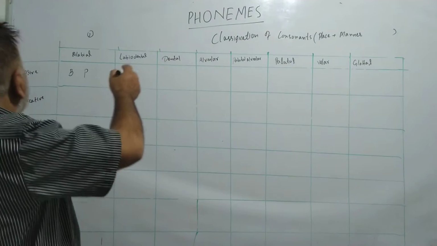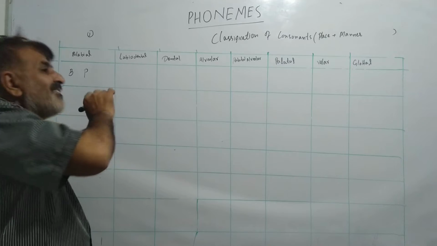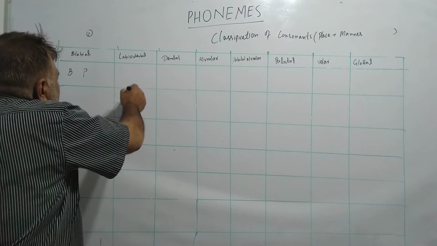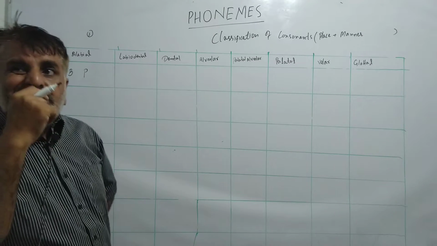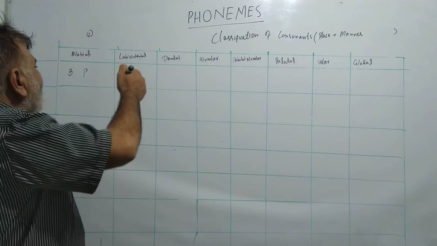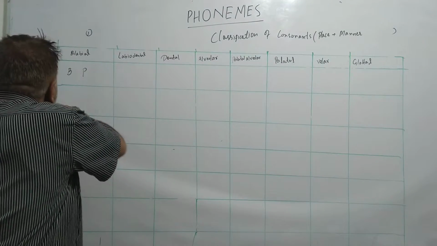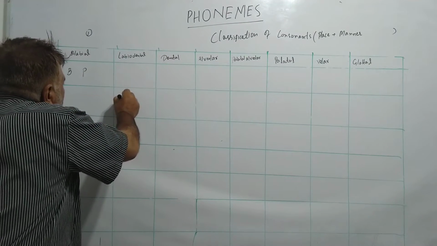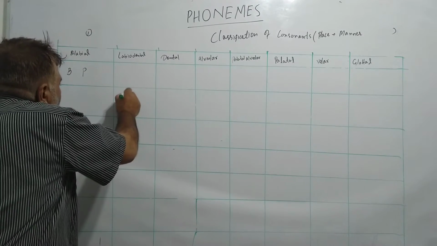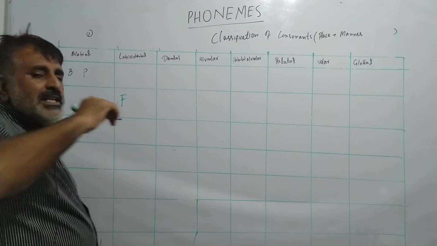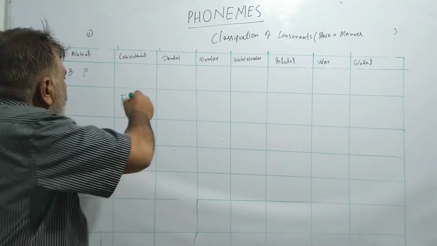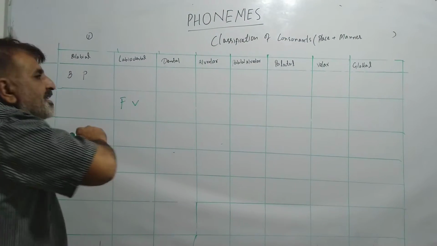So I should write this fricative sound under labiodental, because we involve the upper teeth and the lower lip. This one is fa, and another is va.